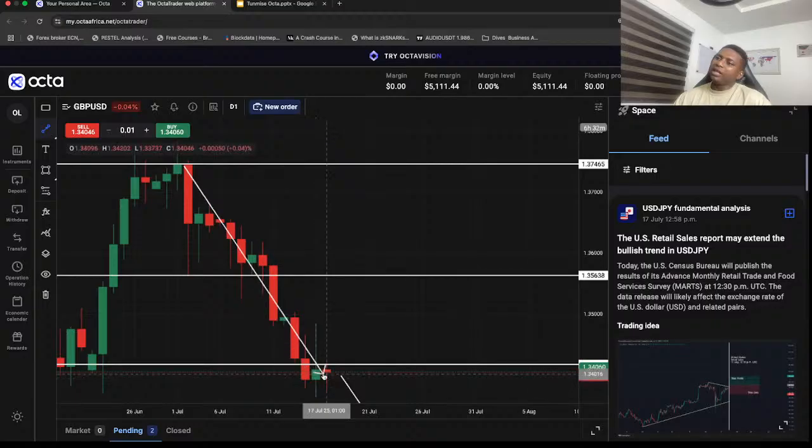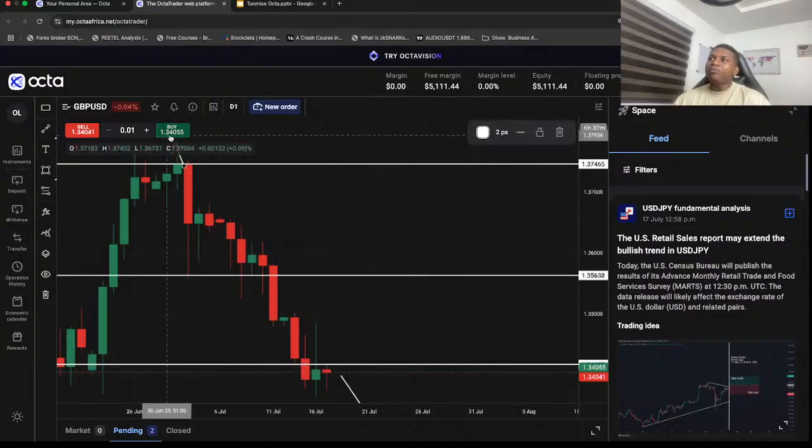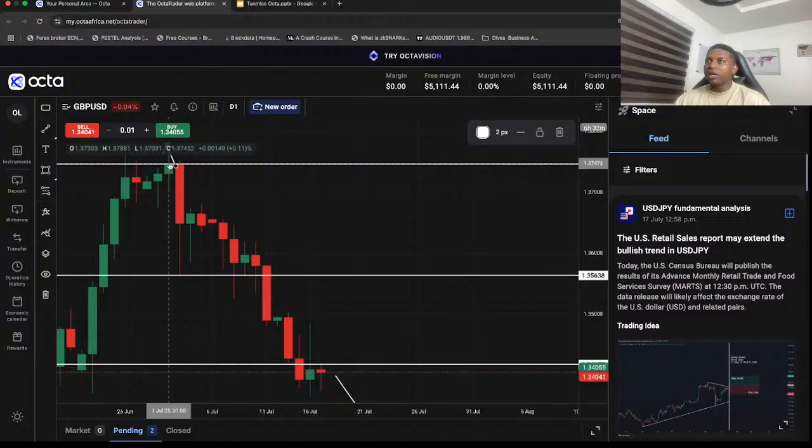The level of support here is significantly weak. Why? Because having seen price fall from that level to this level.